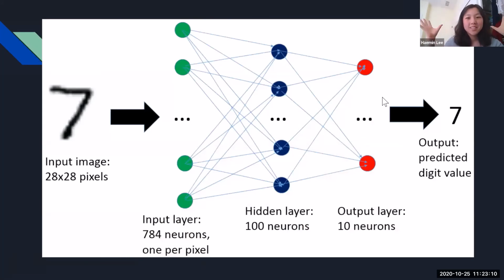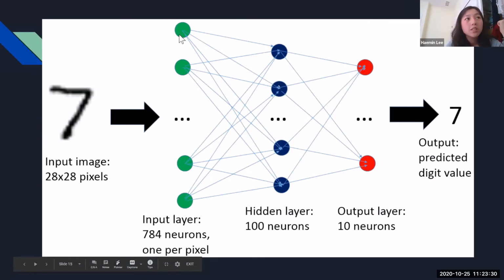Okay, let's attempt to put this all together with the example that we're going to be doing afterwards today. We're going to have an input image of 28 by 28 pixels, and then the input layer is going to be 784 neurons, which is just 28 times 28.